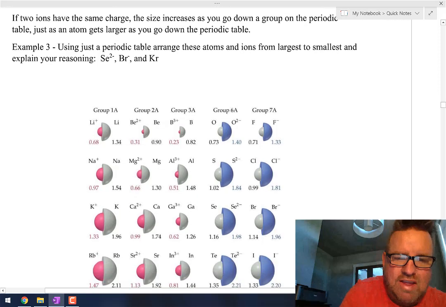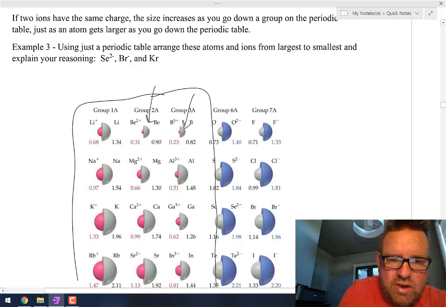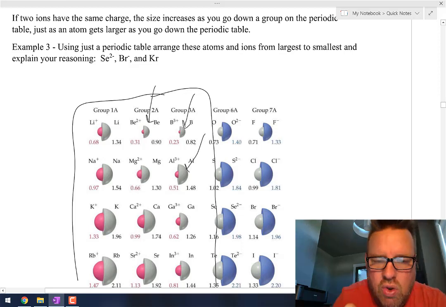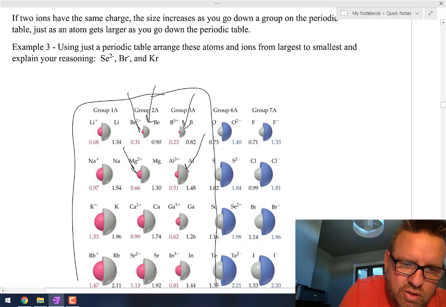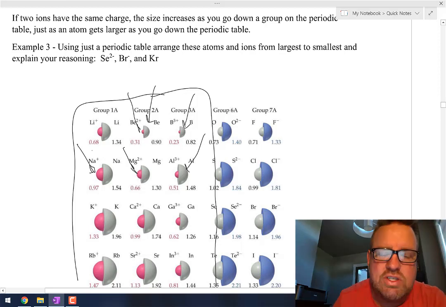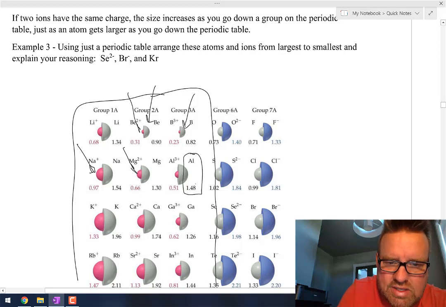You can see this down here below. Here on the left hand side of this table are elements, and the gray circle is the normal atom, and then the pink circle is once it's lost one or more electrons. For example, let's look at aluminum. Regular aluminum has a size of 1.48.